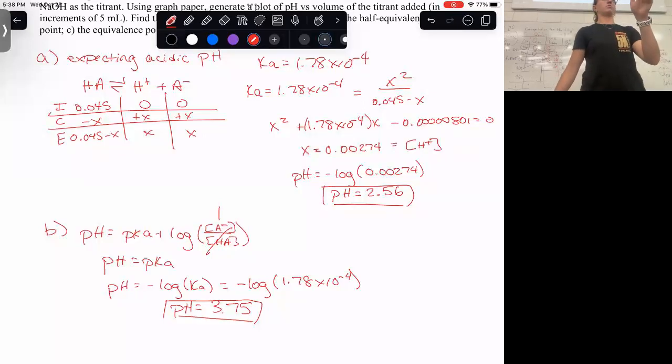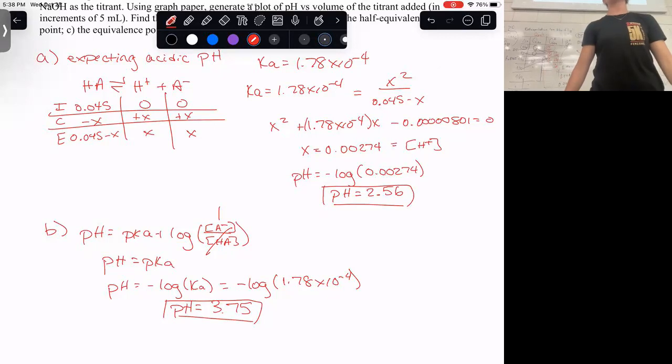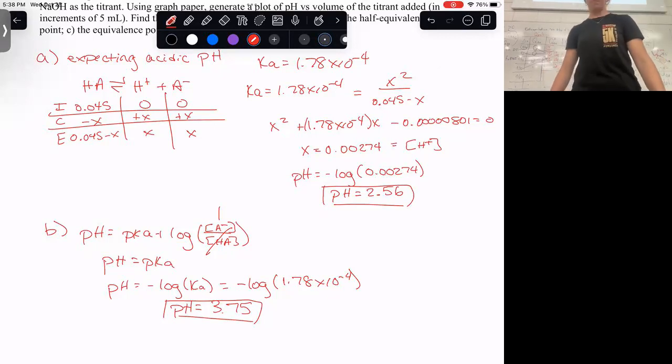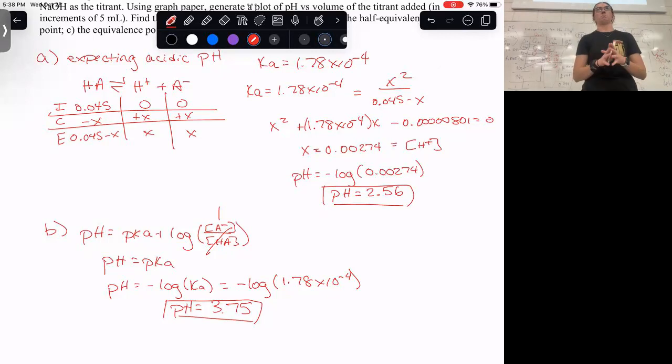Any questions on part B? Your concentrations of your acid and conjugate base are the same. So that's why A minus over HA can cancel out to 1, because your concentrations of both will be the same.